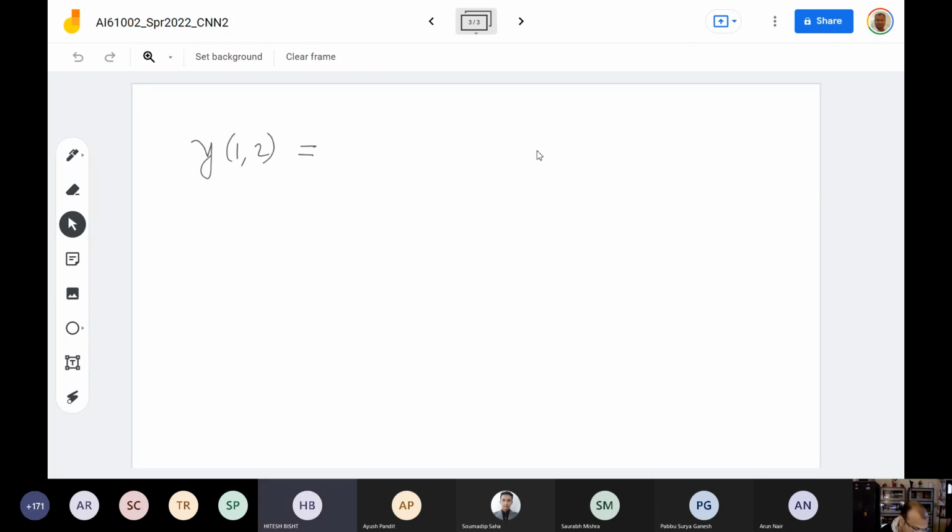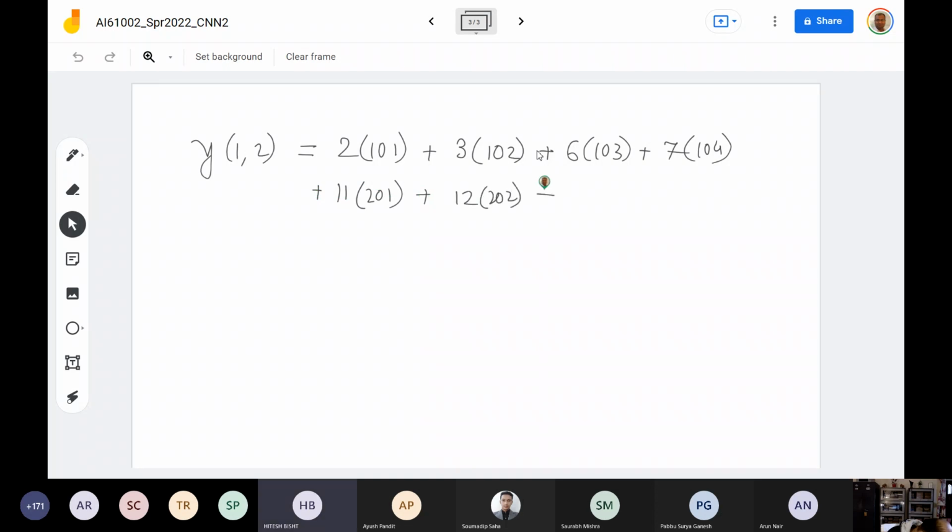2 into 1 is 101. 2 into 101 plus 3 into 100. 3 into 102. 102 plus 6 into 103. 7 into 104. 11 into 201. 12 into 202. 15 into 203 and 16 into 204.